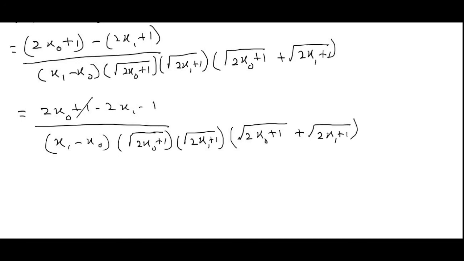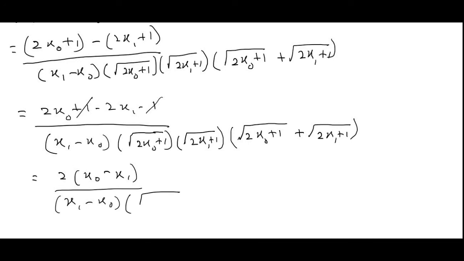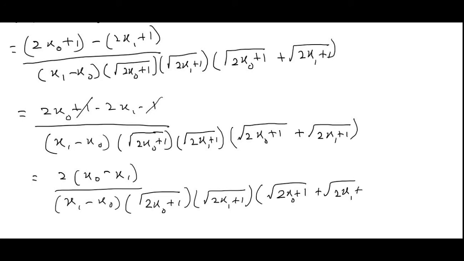Now we can see this plus 1 and this minus 1 can be cancelled and 2 can be taken outside. 2 times (x0 minus x1) whole divided by x1 minus x0, under root 2x0 plus 1, under root 2x1 plus 1, under root 2x0 plus 1 plus under root 2x1 plus 1.